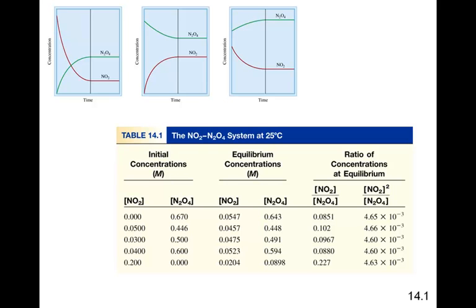Now, for a particular NO2 to N2O4 system at 25 degrees Celsius, here are the initial concentrations of NO2 and N2O4 for various experiments. You can see in the beginning we start out with nothing but N2O4, and in the last experiment we start out with nothing but NO2, because this concentration is 0 here and this concentration is 0 here.